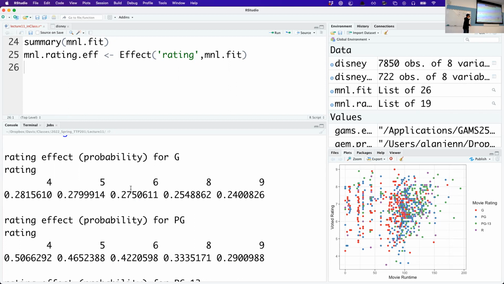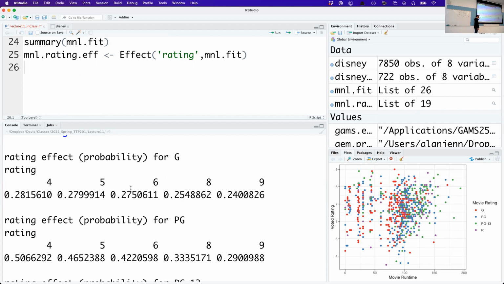So this is saying, what is the probability of one of the outcomes, in this case for the G rating, as I go from a vote rating of 4 to 9, and you can see how this probability changes.